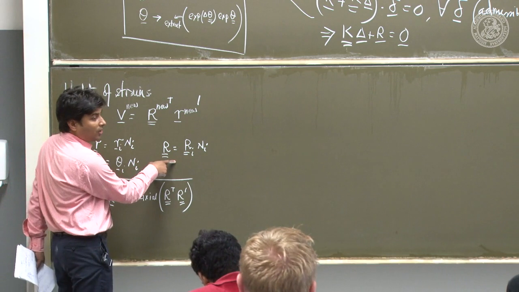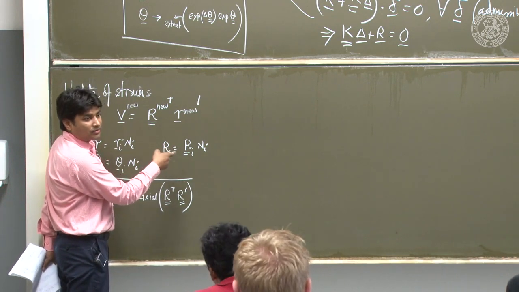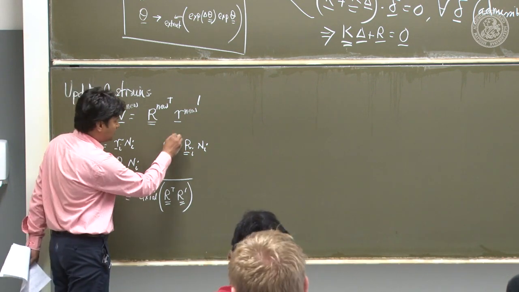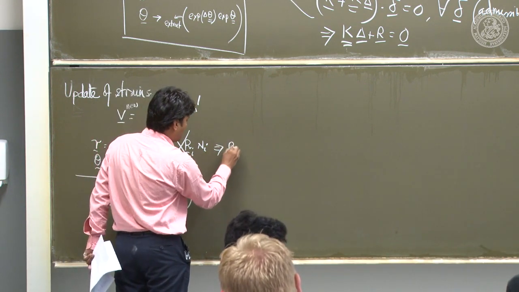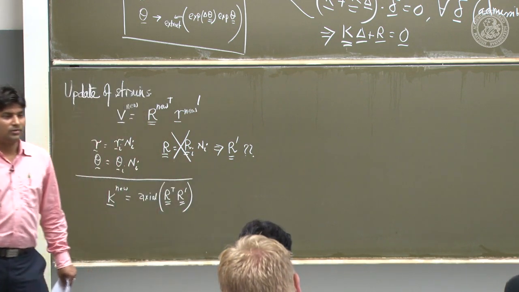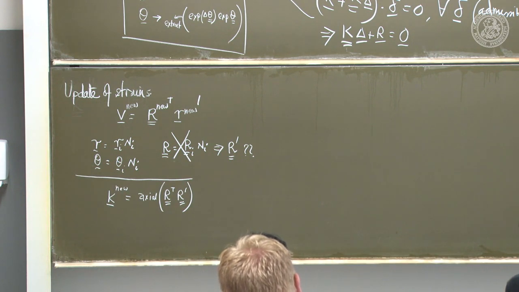You can't do it, because big R is an orthogonal matrix. You can't really sum two rotations and get a new rotation. So, how do you get your big R prime then?